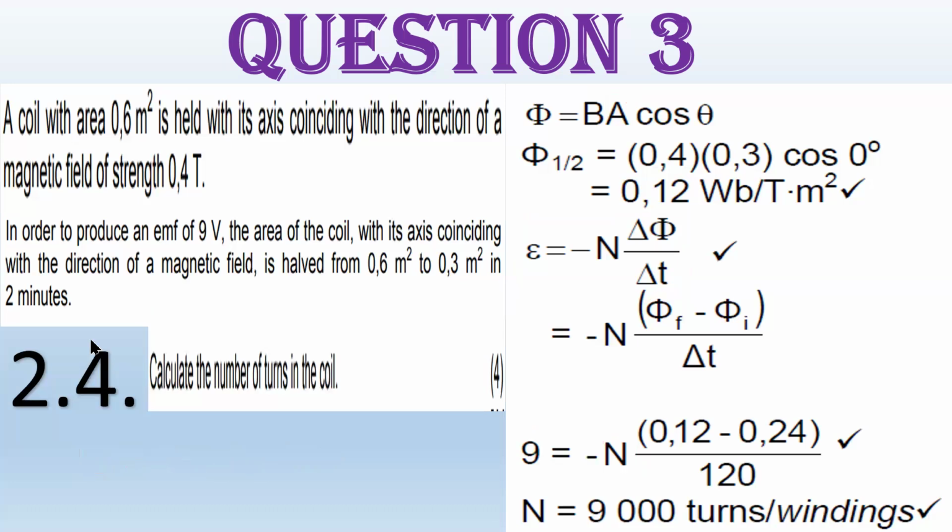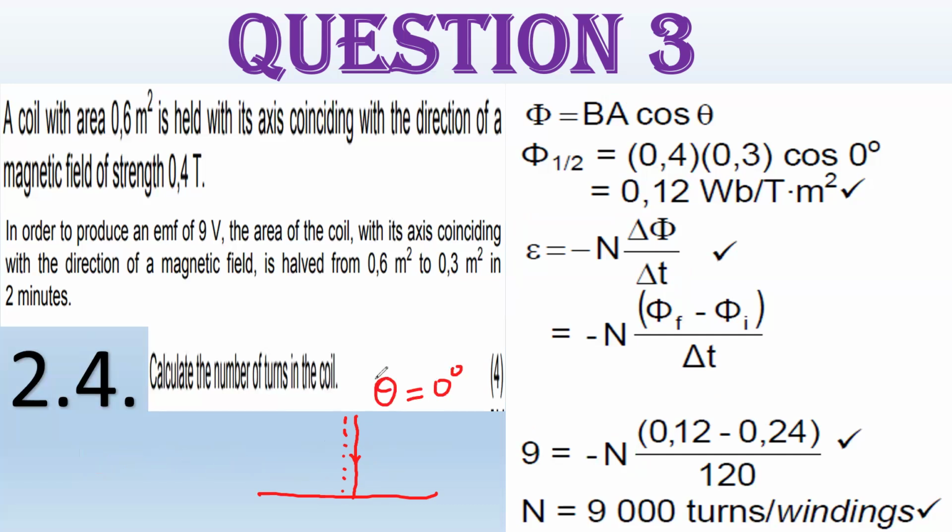What was the normal? Let's remember that. If you have a surface like this, this is your normal, perpendicular to the surface. If the magnetic field is coming perpendicular, it means it is parallel to the normal. Parallel to the normal means the angle is 0.